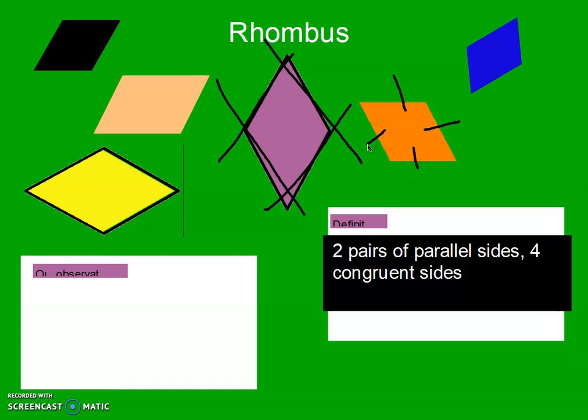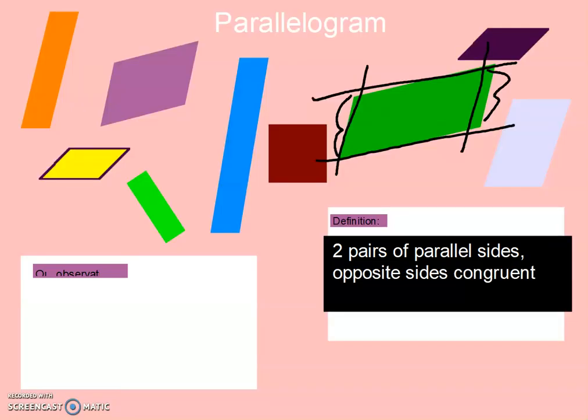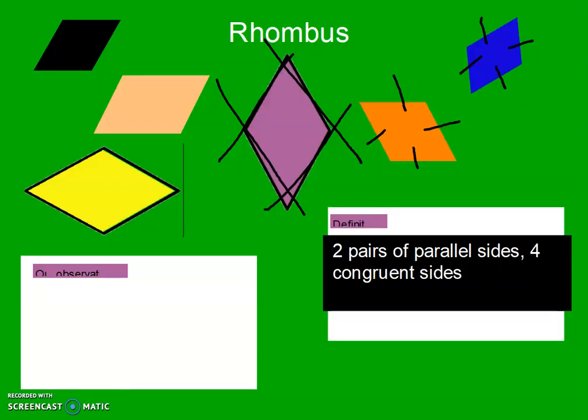And I put lines on each of those to show, one line through each, that they are all the same. On a parallelogram, I might put one line here to show those opposite sides are parallel, and put 2 lines on each of those sides to show that the top and the bottom are congruent to each other, and the one with one line on each side is congruent to each other. So a rhombus, all the sides have to be equal.